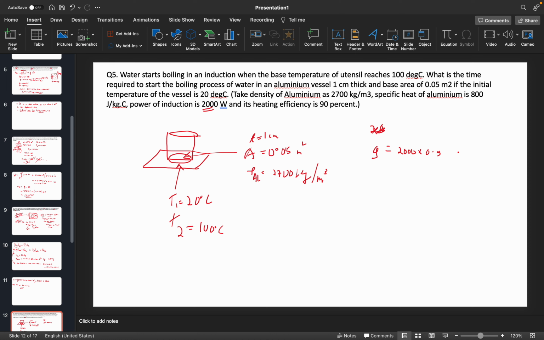This much rate of heat input it can provide. 2000 watt you have bought, but it is only 90% efficient, so it can only provide 2000 into 0.9 watt of rate of heat.